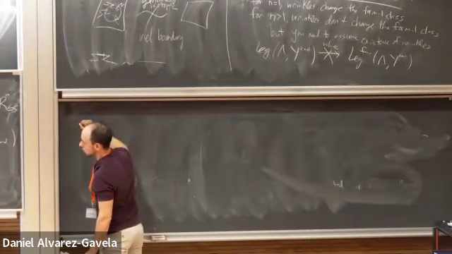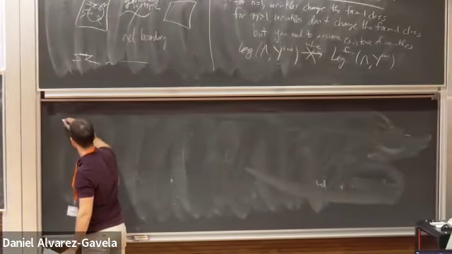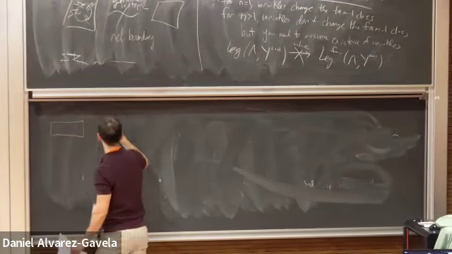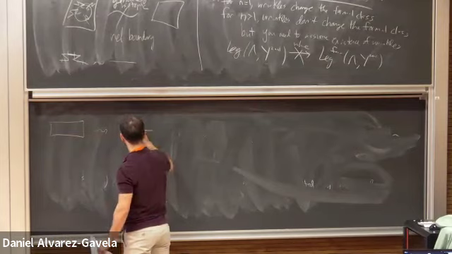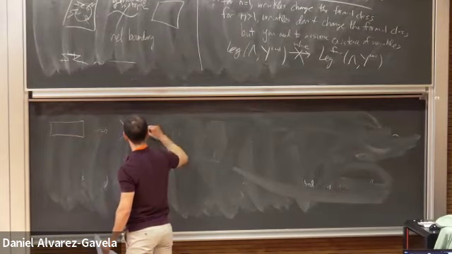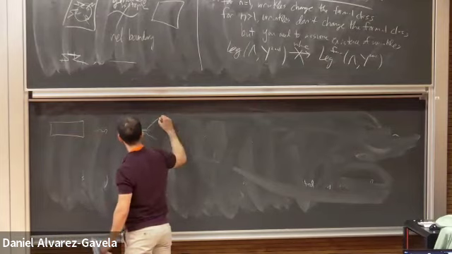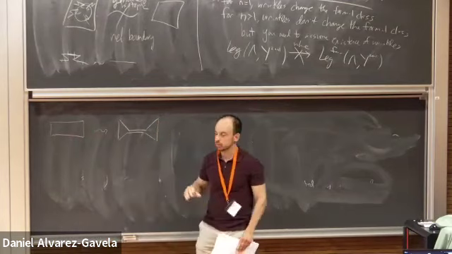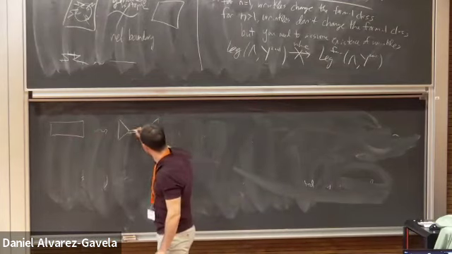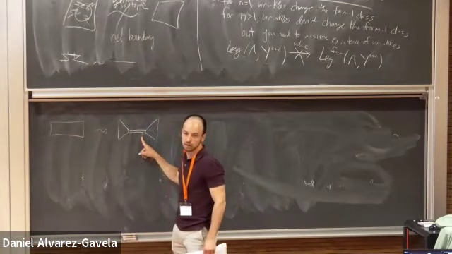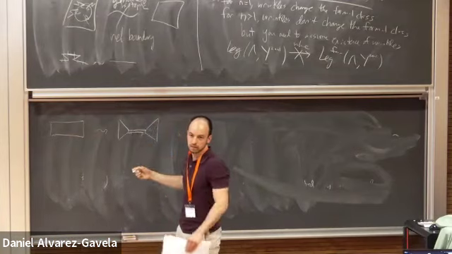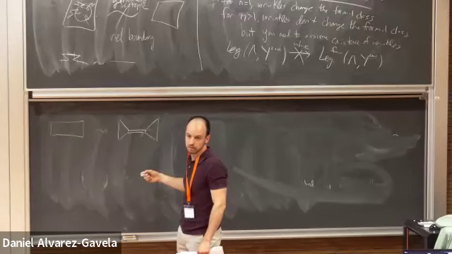You're going from this picture to a picture like this, right? By pinching. In this region, the ratio of the height to the width is even better than it was before, and it can be made arbitrarily big.